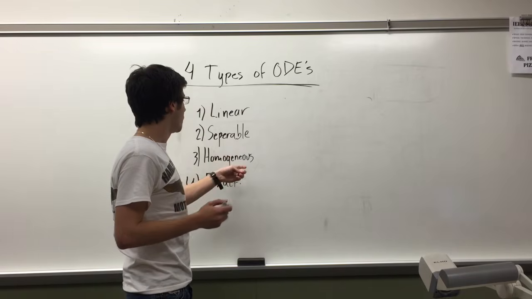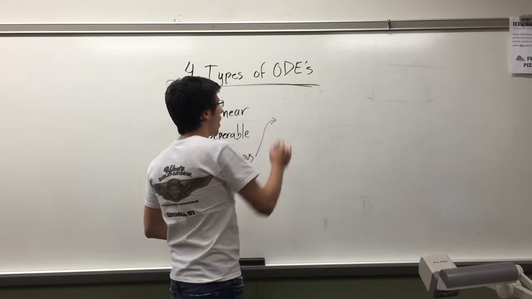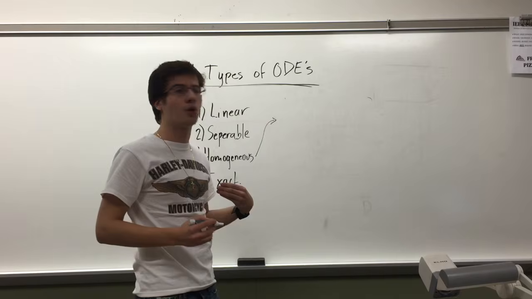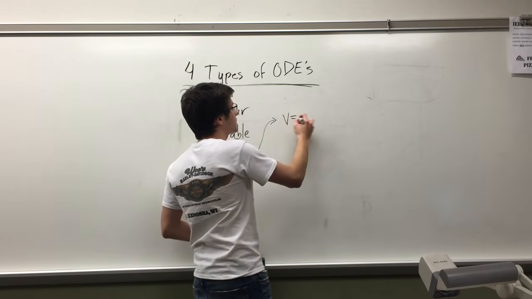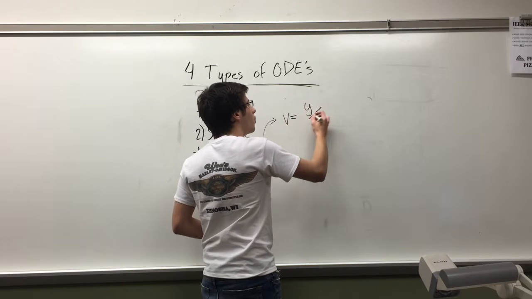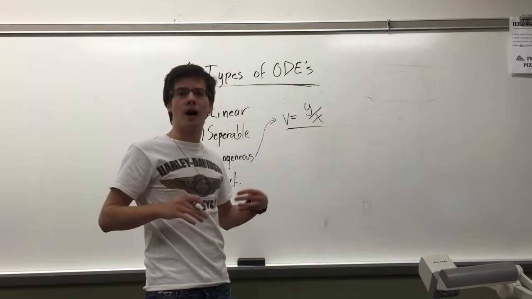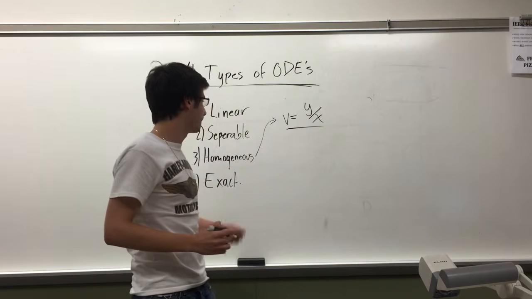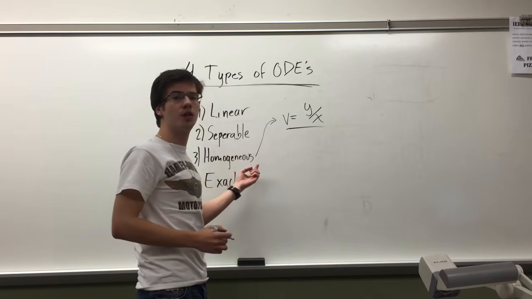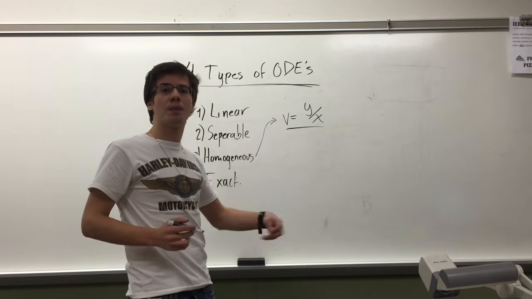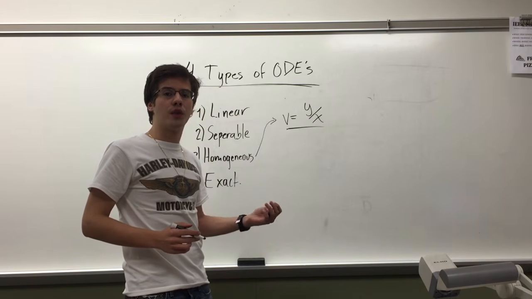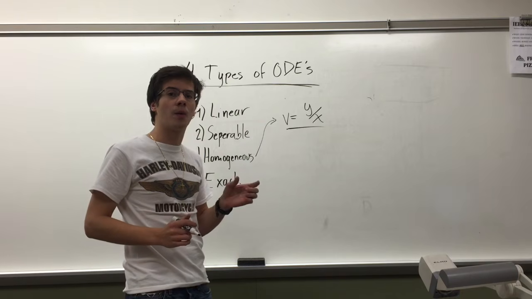The last two are kind of hard to talk about in this brief overview that I'm giving. But for homogeneous equations, our strategy of solving is that we're going to do a substitution of v equals y over x. And when we do the substitution, we're able to easily solve the problem. We can identify homogeneous equations by adding all of the powers of the equation and having the same power.